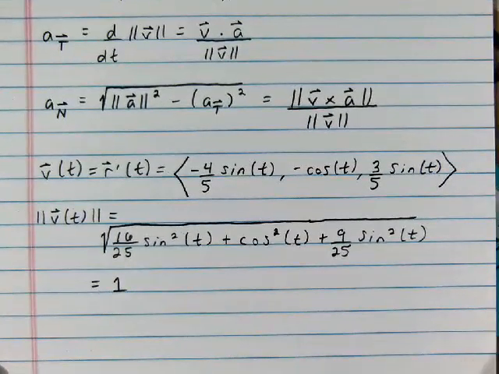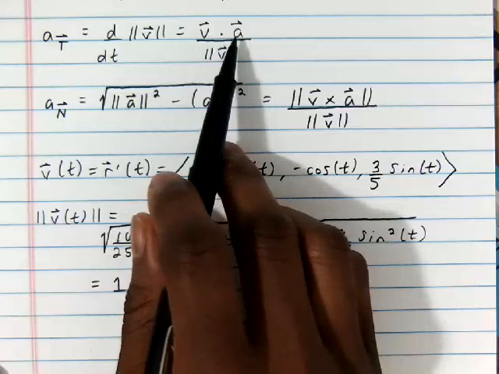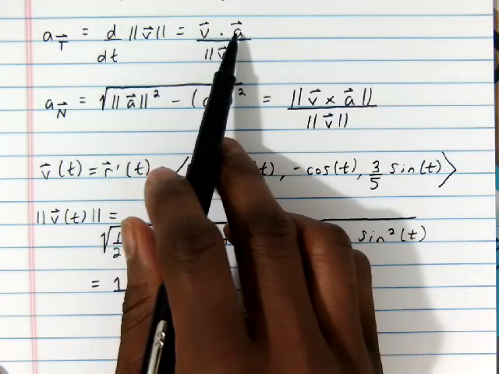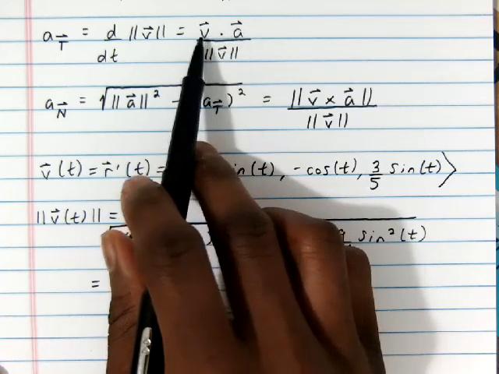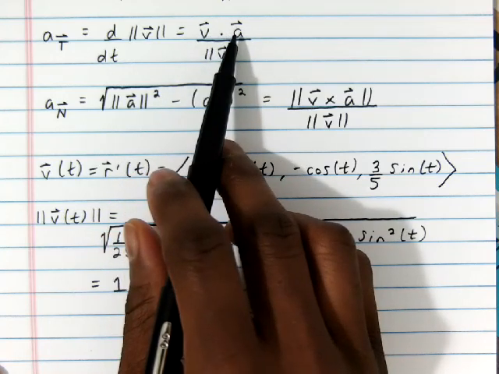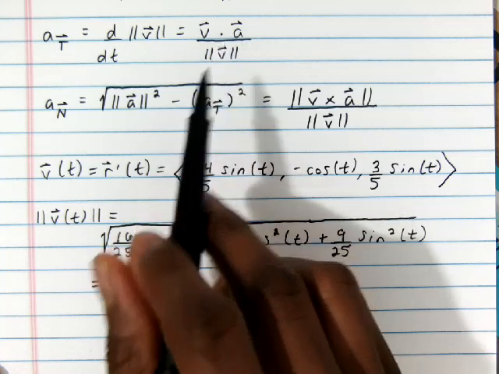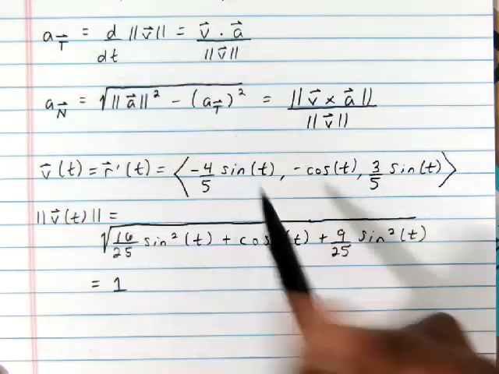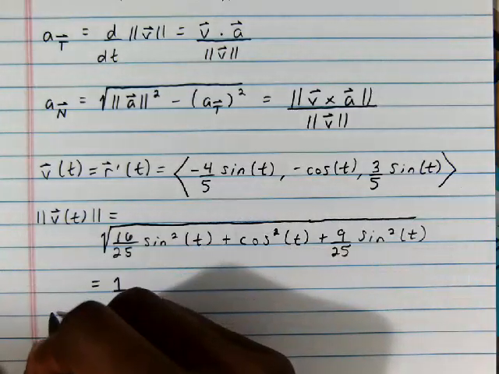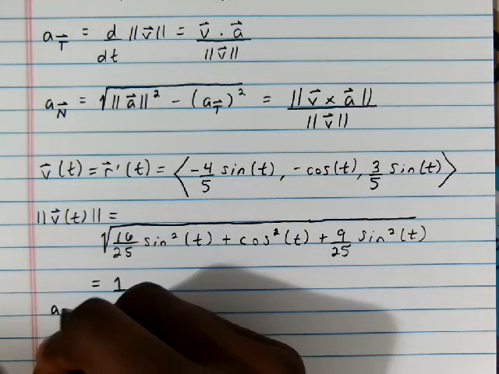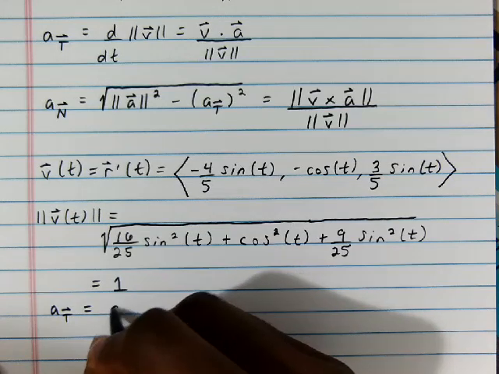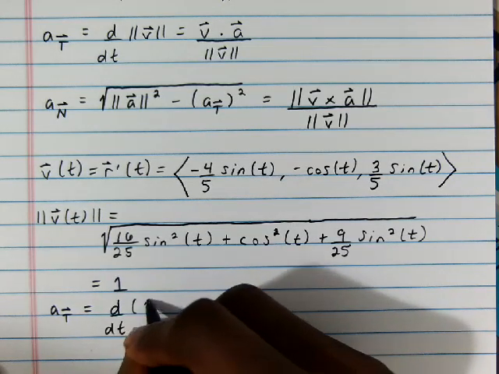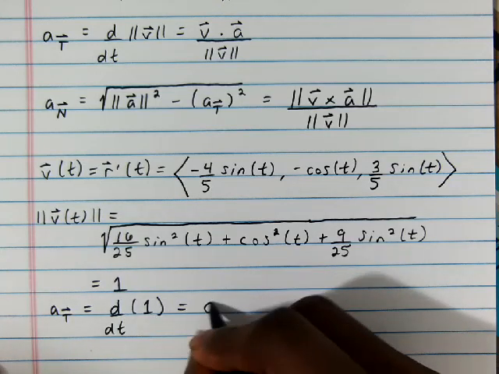If you wanted to, you could check the other route and find acceleration, do the dot product, and in that scenario those two things must be perpendicular, because we know we're going to get 0 this route, which means we would have to get 0 going that route as well. All right, so a sub t equals the derivative with respect to t of 1, which is 0.